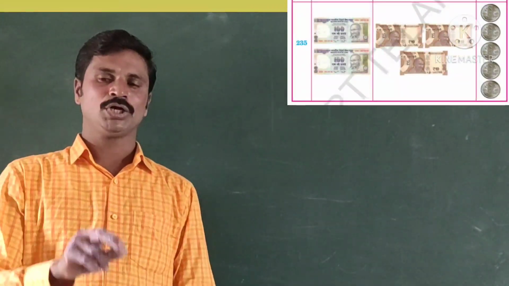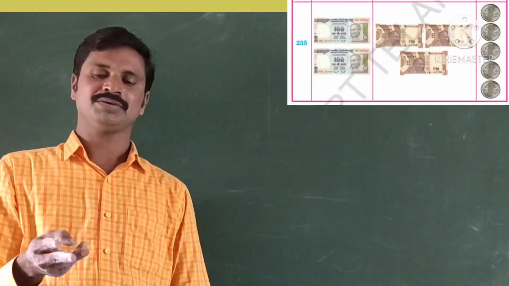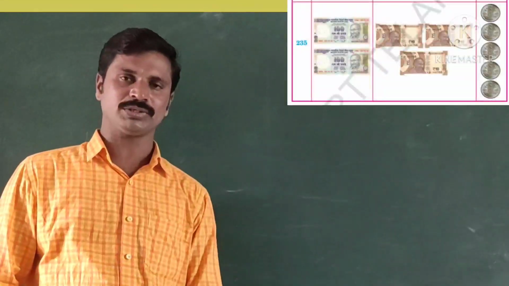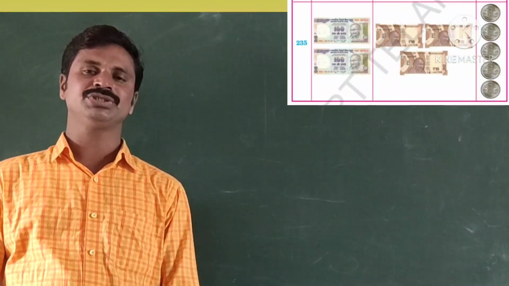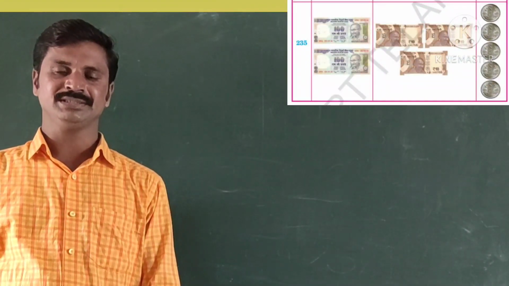Very good, children. 200s and 3 tens, 5 kinds are there. What is the total amount? Total amount 235.